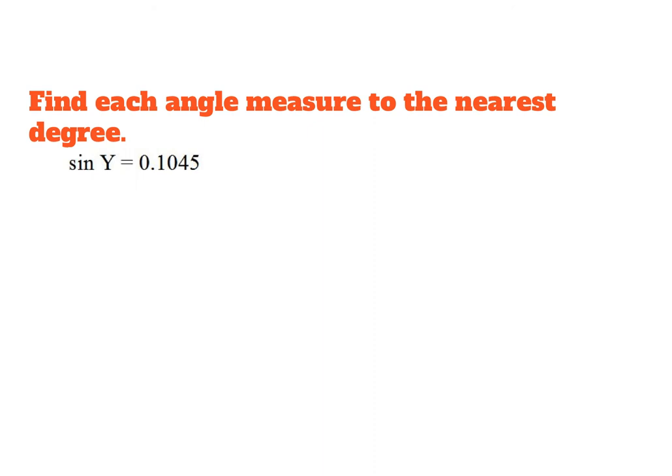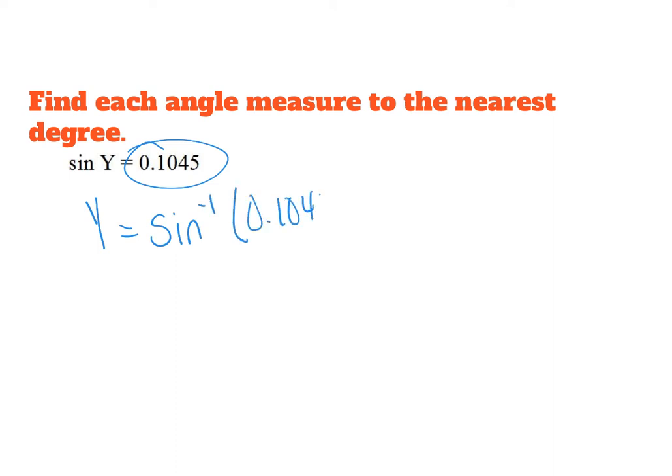Once I actually have the fraction, I probably won't need to actually write the equation because I know I'm going to have inverse. So y is going to equal the inverse of sine and then my decimal, which is 0.1045.